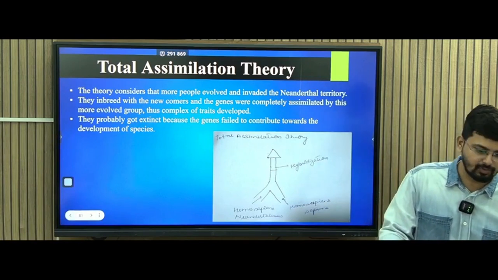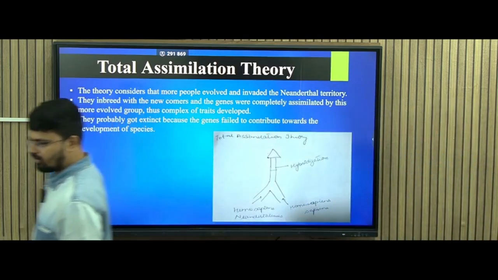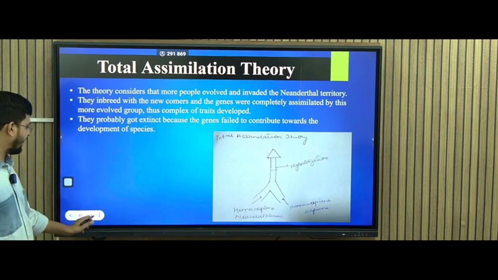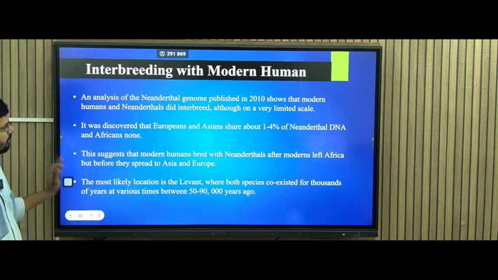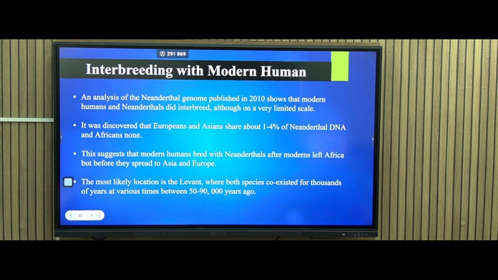And the genetics of Homo sapiens is so wide, varied and diverse that only some part of the Neanderthal was able to be present within the Homo sapiens. This is the view of total assimilation theory. So these are the various opinions that have been expressed with respect to the extinction or phylogenetic status of Neanderthals. You can see here interbreeding, did it happen?